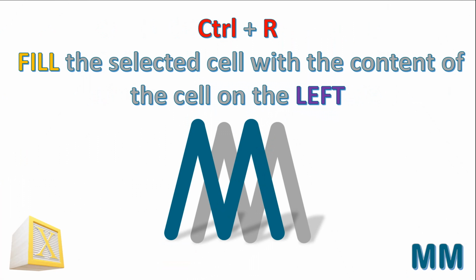If you want to fill the data in the right using the content that you have in the left, you can press on CTRL R. Keep in mind that that could be slightly misleading. So why am I pressing on the CTRL R if I'm taking the data from the cells from the left?